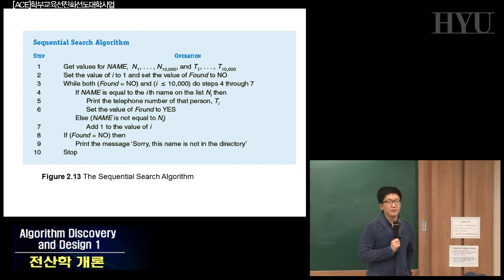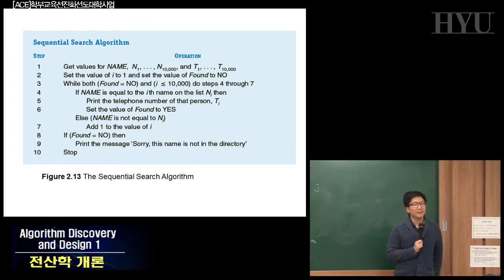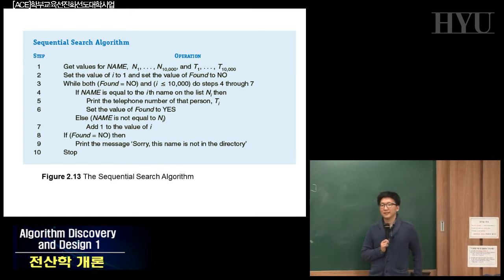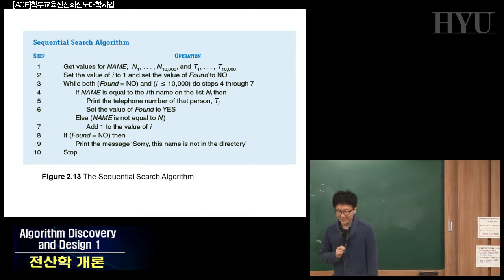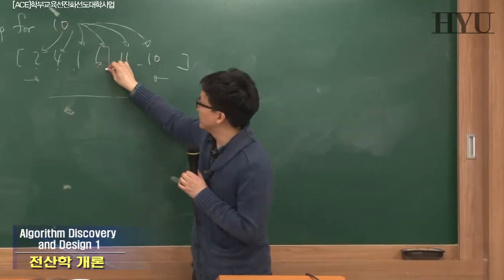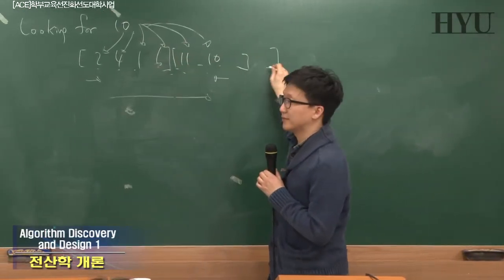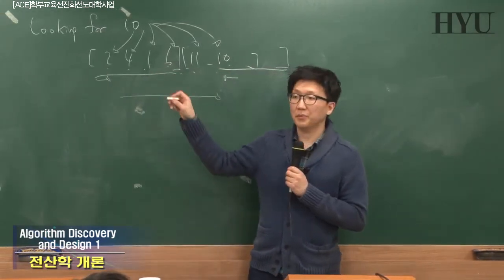What would you do? But you still have to do it in sequential search ways. What if I divide up this list into half, and run the same program separately?